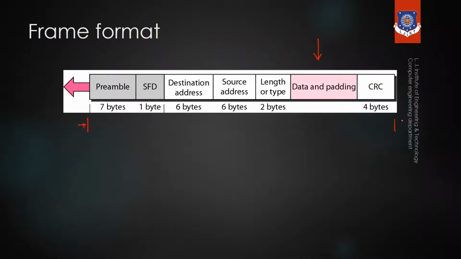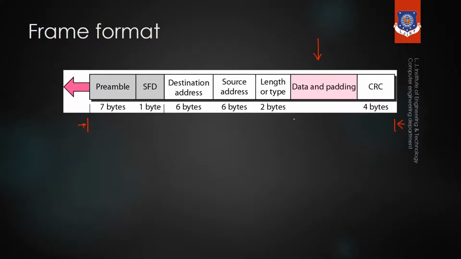So this is the frame structure of the data link layer. It has many fields such as preamble, then SFD, destination address, source address, length or type, data and padding, and the CRC. Let's see them one by one.